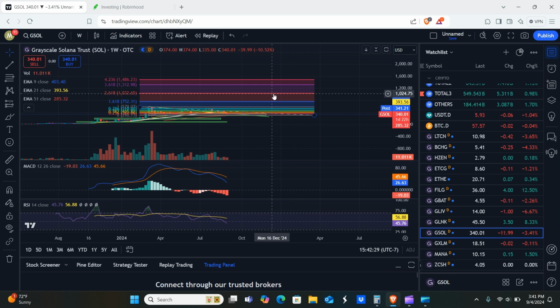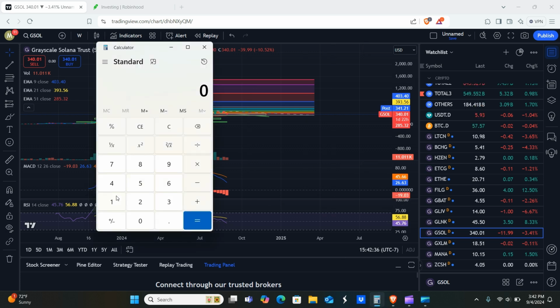So 760, 1,025, 1,310, and 1,510 here on SOL. So 1,510 divided by 340 comes out to a 4.4x. I feel like I'm kind of undershooting the target here by saying it's only a 4.4x, but we don't even know if Solana is going to get an ETF.